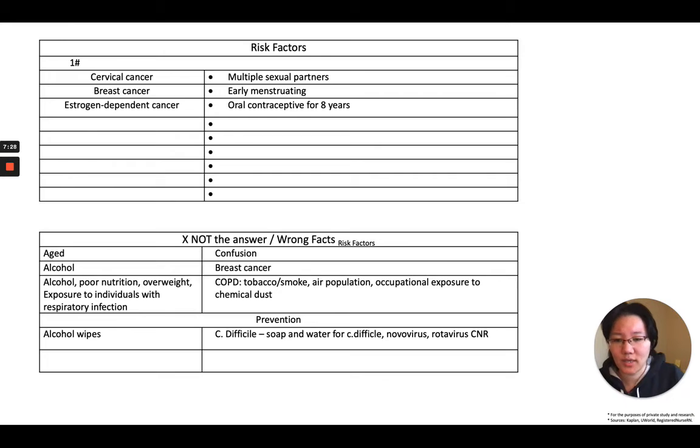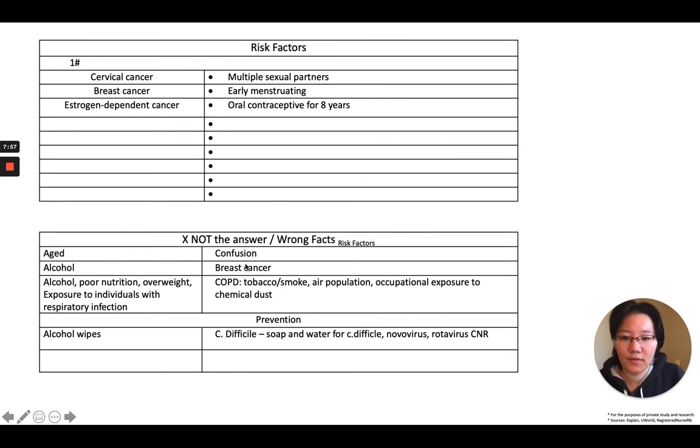Take this as an example: these are not the risk factors for COPD. The real risk factors for COPD are tobacco smoke, air pollution, and occupational exposure to chemical dust, not alcohol, poor nutrition, overweight, or exposure to individuals with respiratory infection. So I just do it like this.